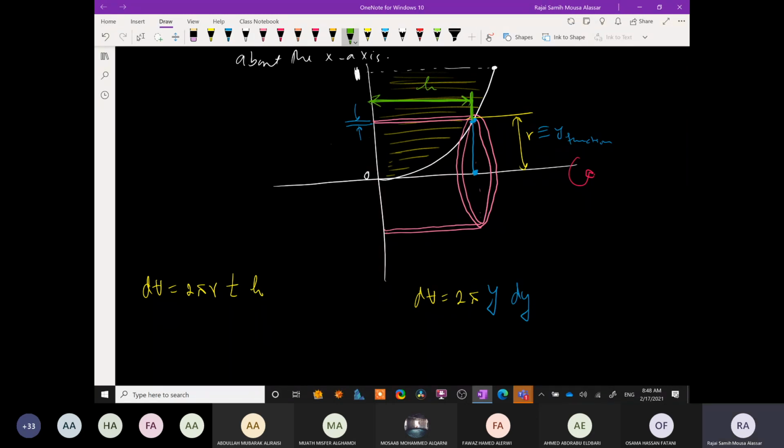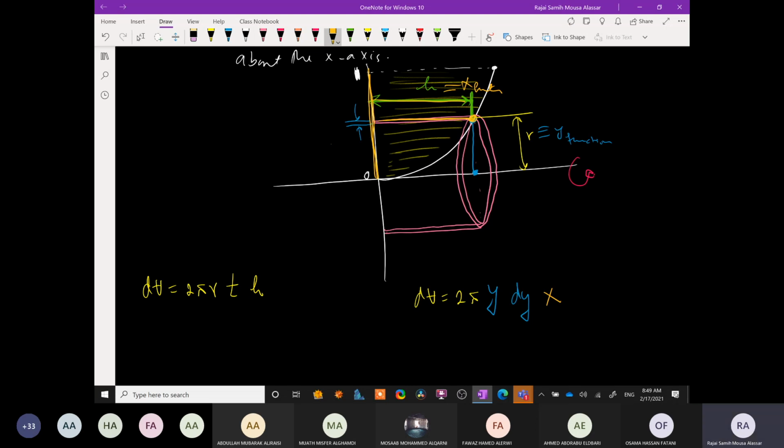Yes, it is. So you are measuring this from where? From the y-axis, until you hit what? The function. So this is equal to x of the function, isn't it? So this is just like x.